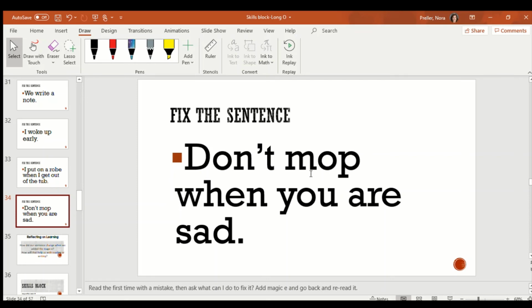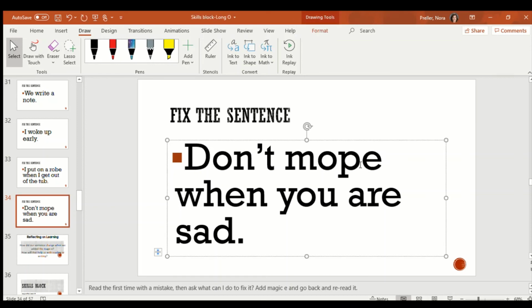Don't pout. So how are we going to make mop turn into mope? What would make O say its name? That's right, the bossy E, or the magic E. Now let me sound it out. Mope. Don't mope when you are sad.